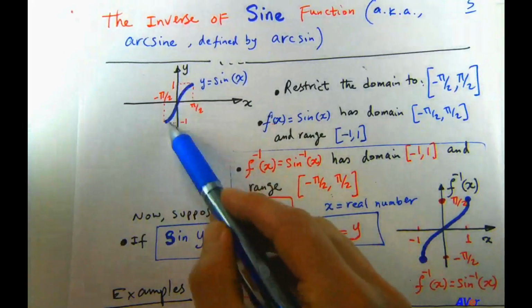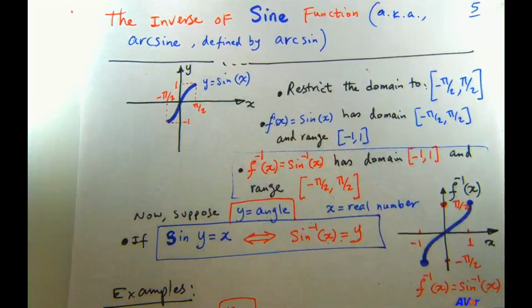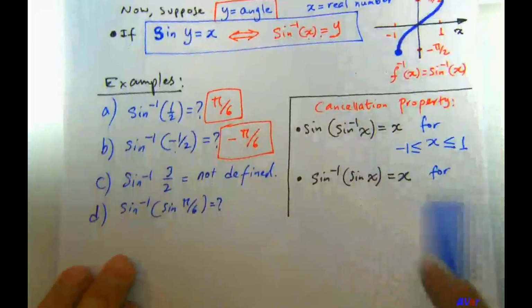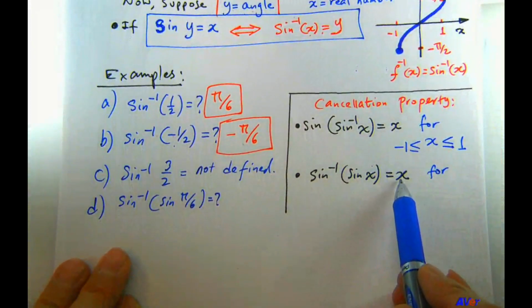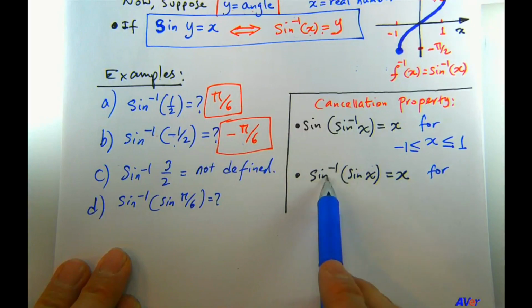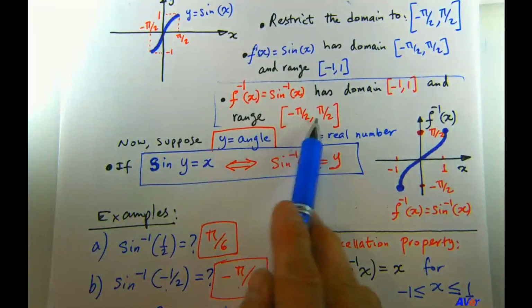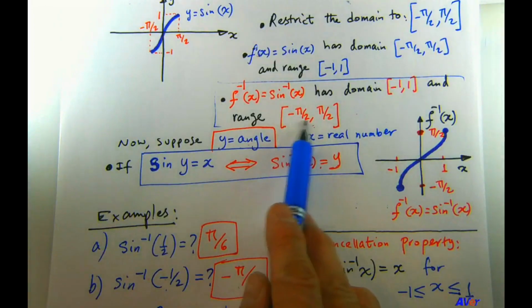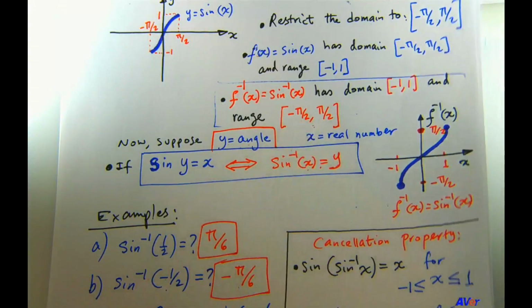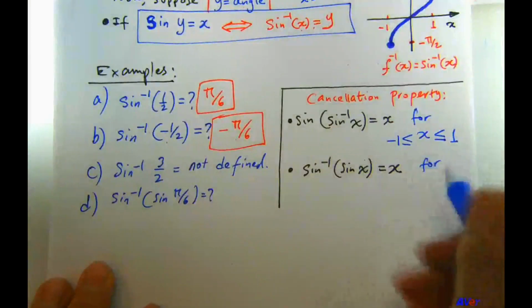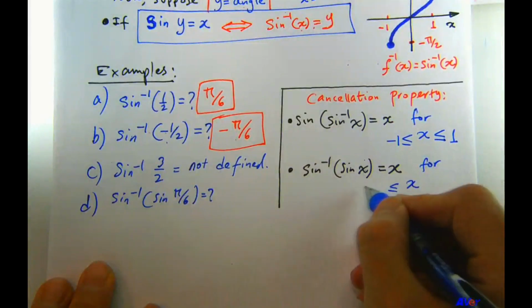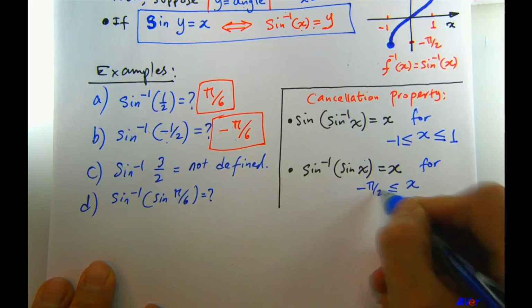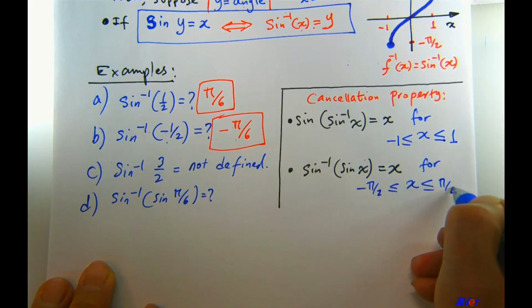X here is the range of the inverse sine function. And what did we say about that? It cannot exceed or be outside of negative pi over 2 comma pi over 2. So we say that here for x between negative pi over 2 and pi over 2.